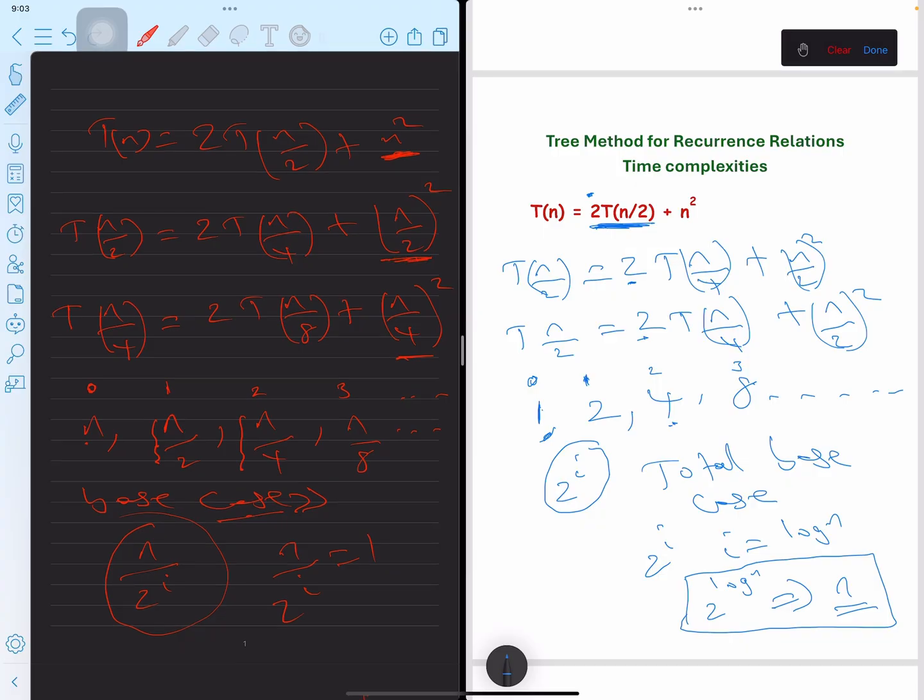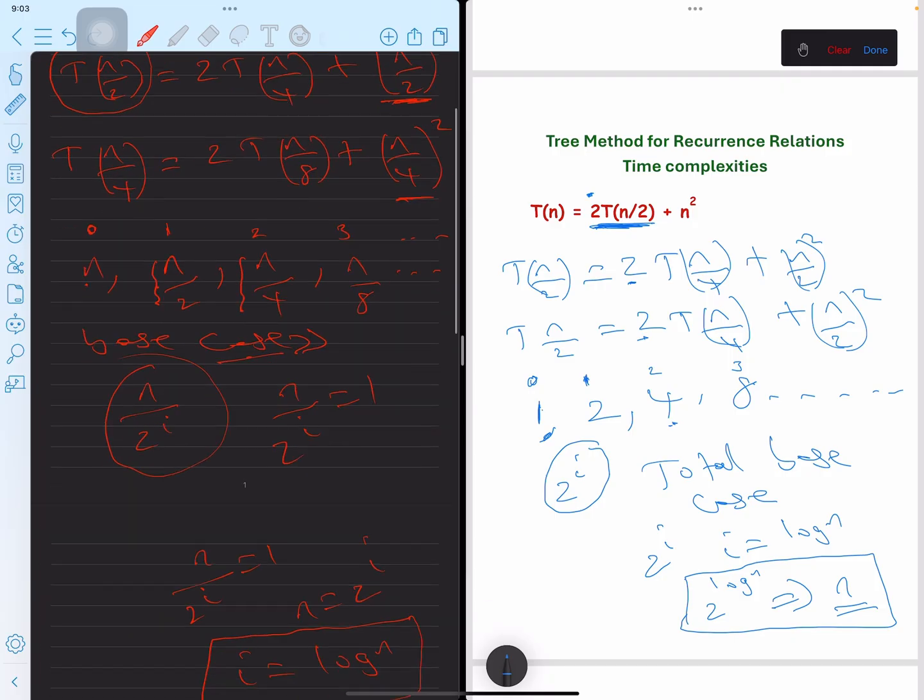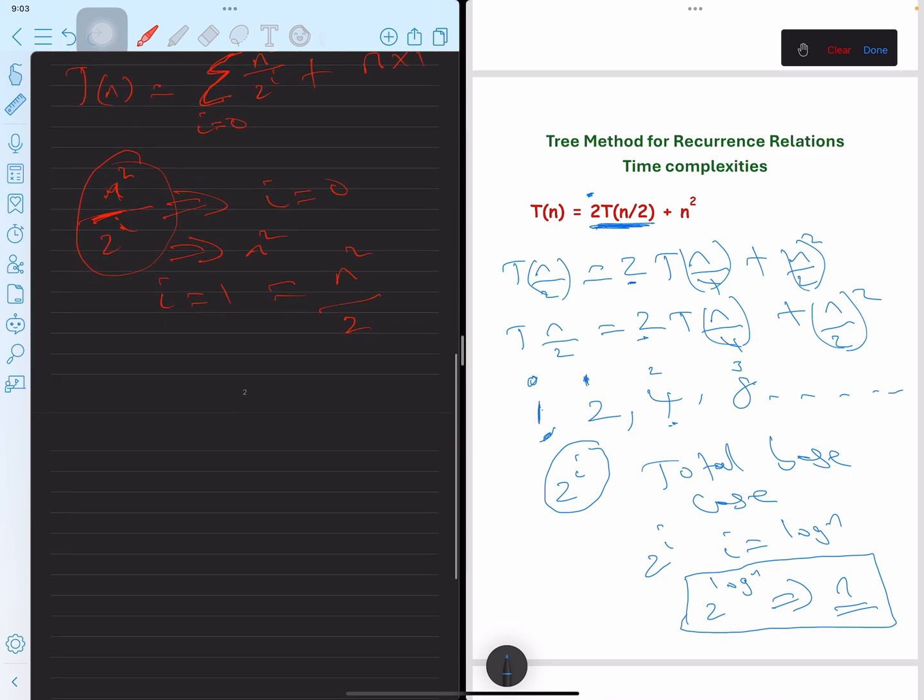So that means one of the sub-problems produced this. So 2 of them now will be 2 of this, right? So the total sub-problem at that level will be n squared over 4 plus n squared over 4, which is going to be n squared over 2, right?